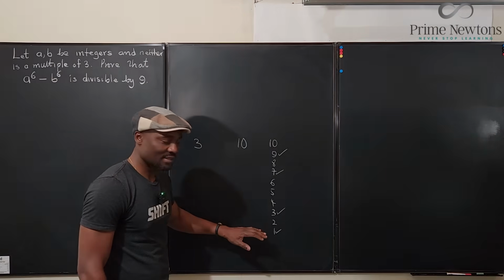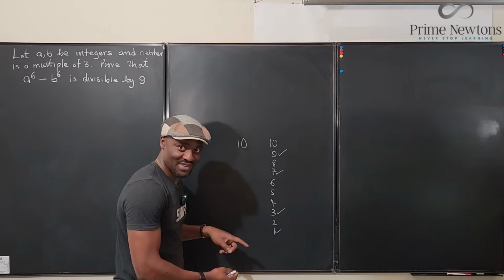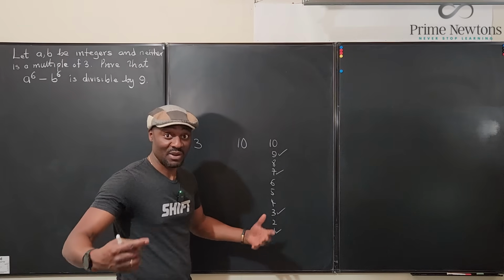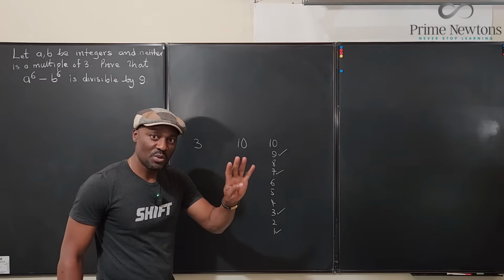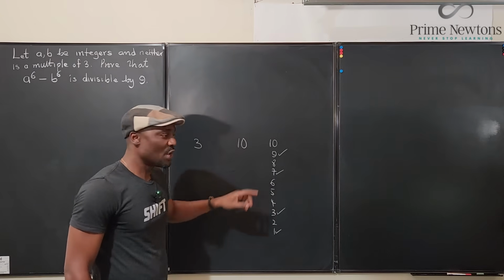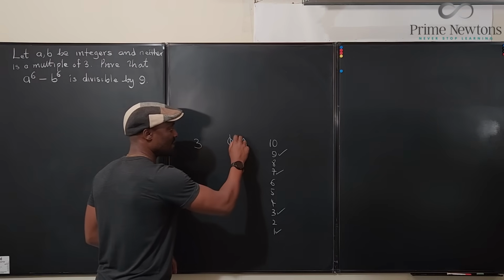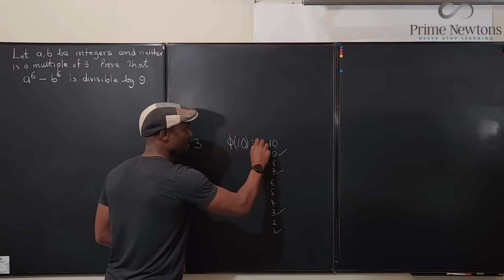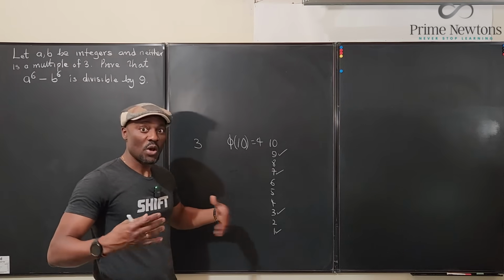Now, look at this. It doesn't mean 1 is prime, it's just relatively prime. They have no other common factor apart from 1. So we got 1, 3, 7, 9. There are 4 numbers less than 10 that have no common factor with 10. So we can say that the totient of 10 is 4. So this is Euler's totient function, or Euler's theorem.